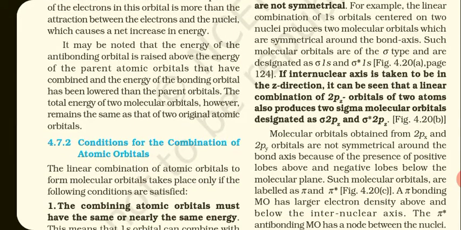For example, the linear combination of 1s orbitals centered on two nuclei produces two molecular orbitals which are symmetrical around the bond axis. Such molecular orbitals are of the sigma type and are designated as sigma 1s and sigma star 1s.